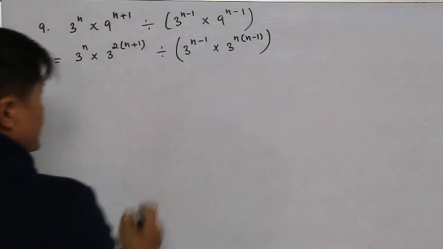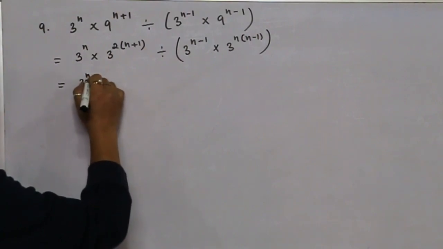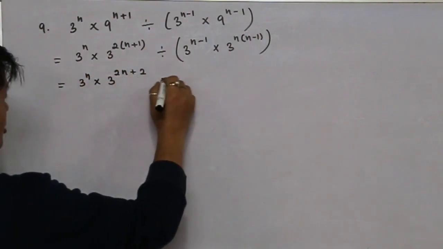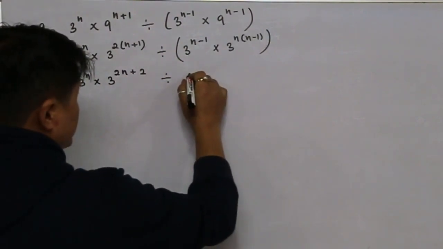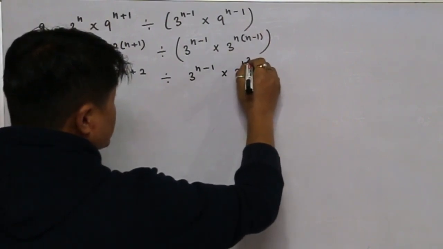Whole bracket we can write here. To make it more simple, 3 to the power n into 3 to the power 2n plus 2 divided by 3 to the power n minus 1 into 3 to the power 2n minus 2.